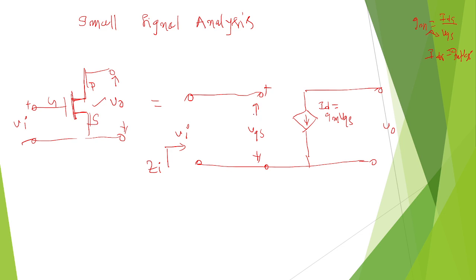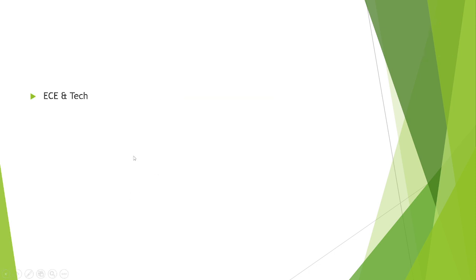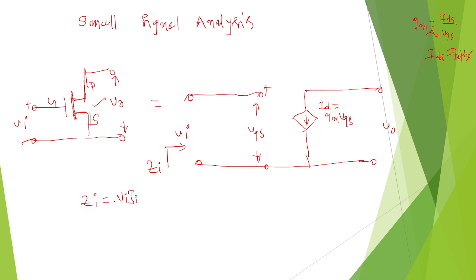So this is the small signal model, small signal analysis. Then we can write ZI. ZI equals VI by II, the input impedance.